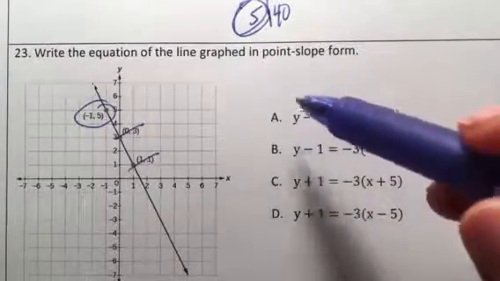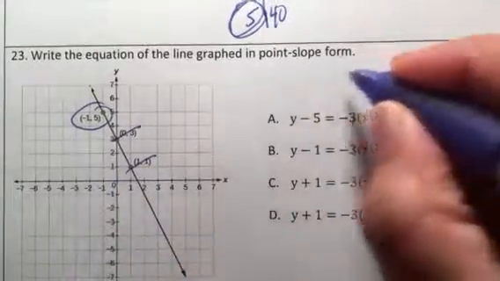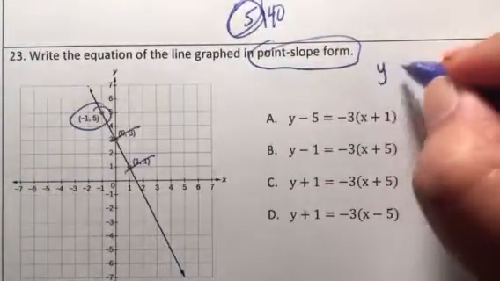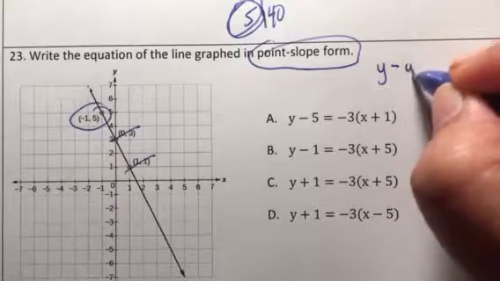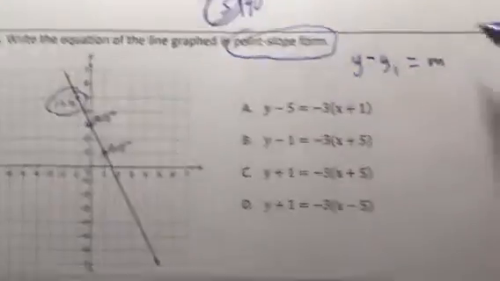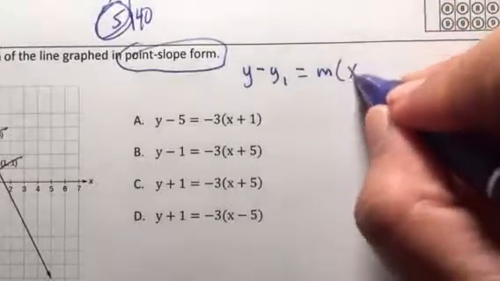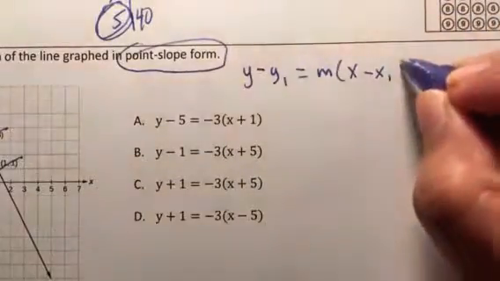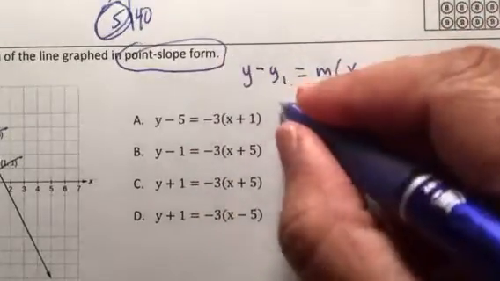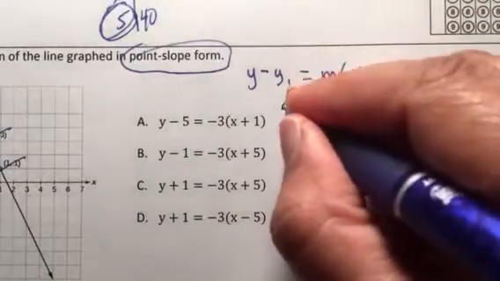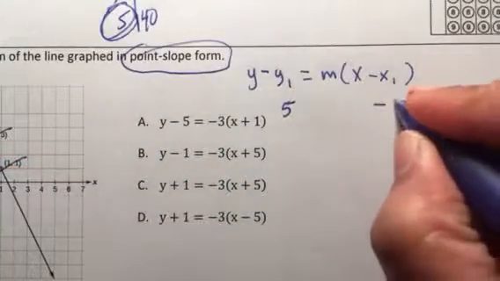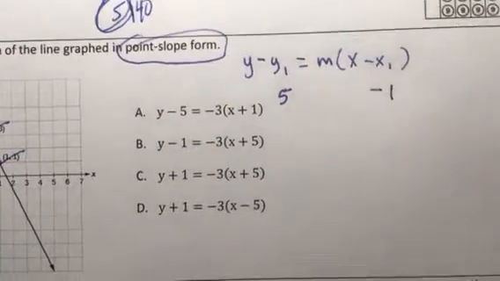So if you look, your point slope form is on your formula chart, and it says y minus y1 is equal to m times x minus x1. Okay, so I know that my y1 is 5, and I know that my x1 is negative.